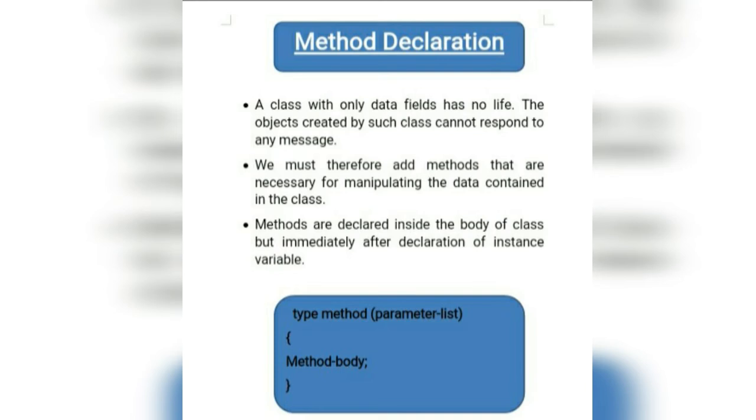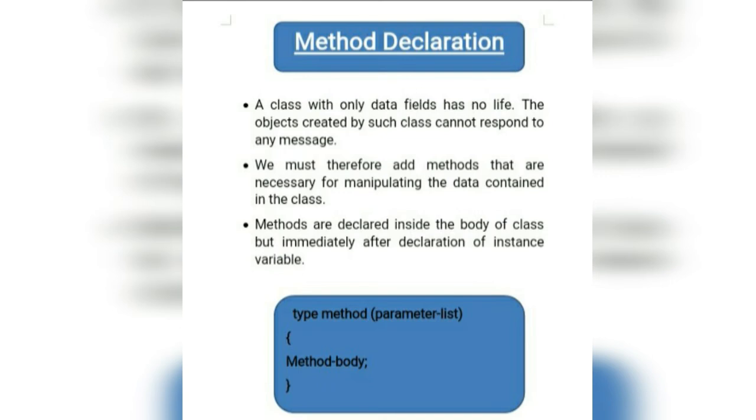A method declaration has four basic parts, right? The name of a method, the type, the list of parameters, and the body of a method. The type specifies the type of value the method would return. This would be a simple data type such as int as well as any class type. It would even be void type if the method does not return any value.